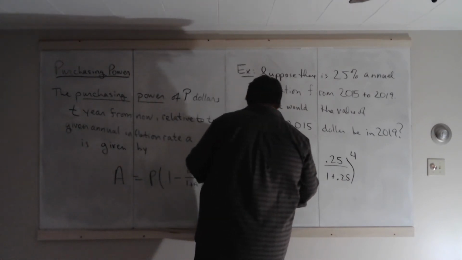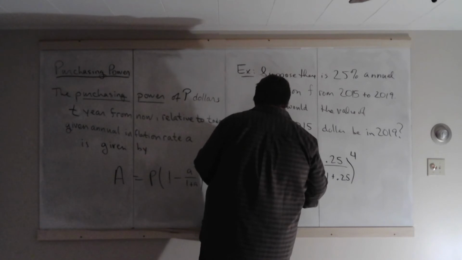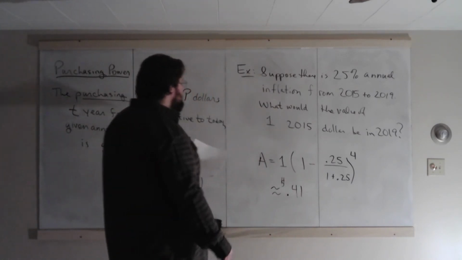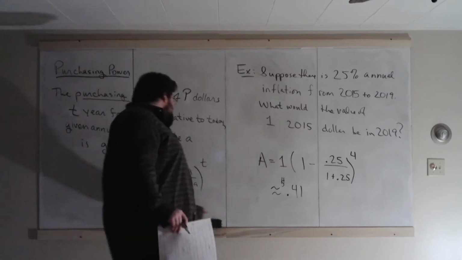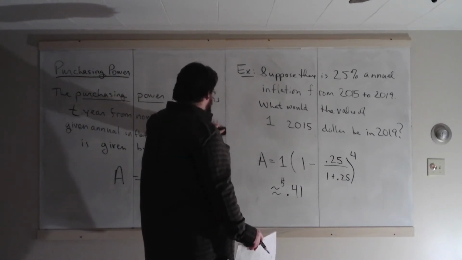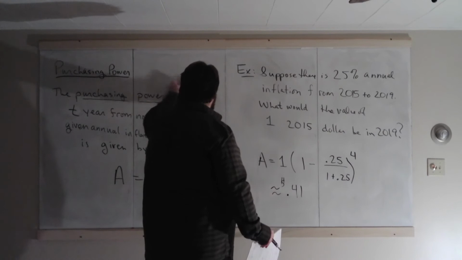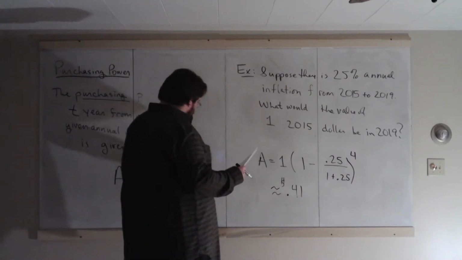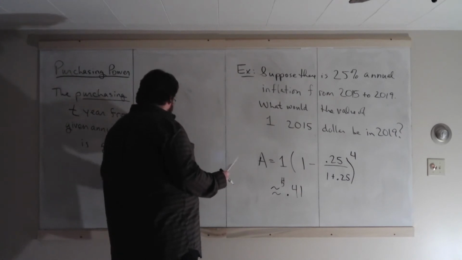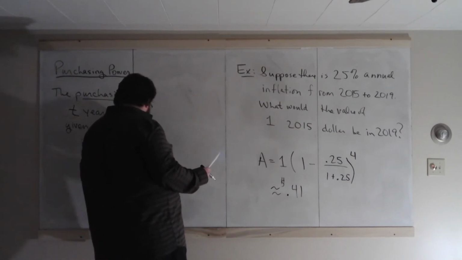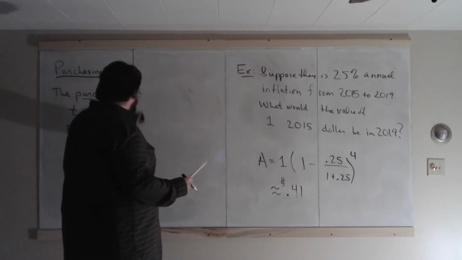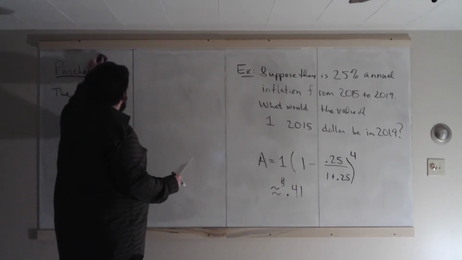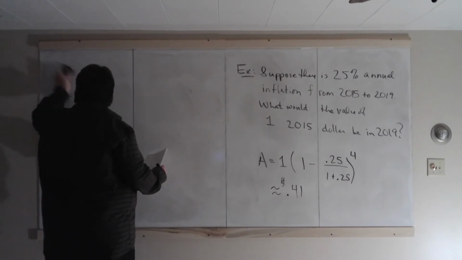And this is approximately equal to $0.41, also known as 41 cents. So if we have 25% inflation, well, a dollar in 4 years loses more than half of its value. So you can see just from that, it's very common to think high inflation is quite dangerous.